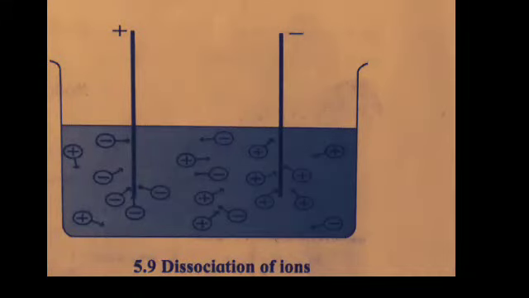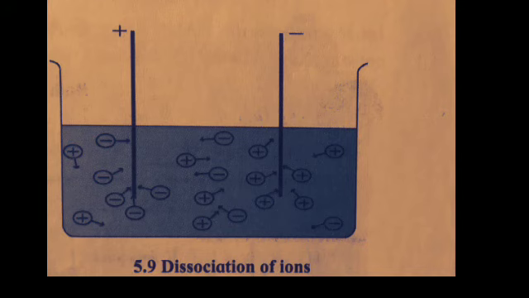Next topic is dissociation of ions. In the above activity, it was found that the aqueous solutions of the compounds NaCl, CuSO4, H2SO4 and NaOH are electricity conductors. Out of these, NaCl and CuSO4 are salts.